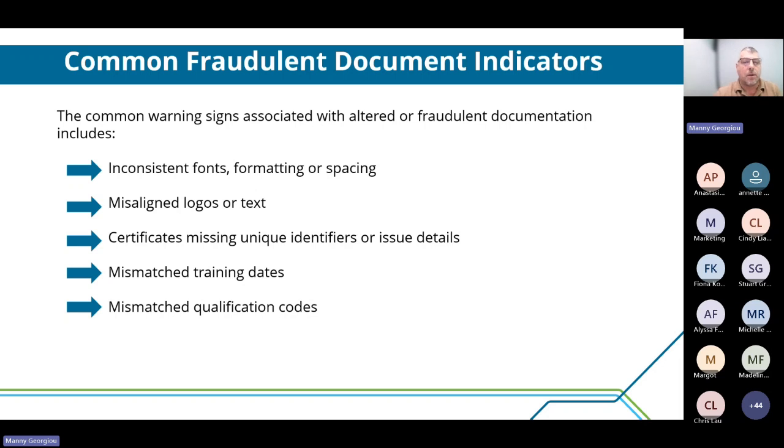A lot of these RTOs these days, as part of their own successful verification processes to assist us, put unique identifiers on documents, and a lot of the time in some of these data integrity cases, when people are trying to update details on it, mismatched training dates is obviously a very common indicator. Mismatched qualification codes.